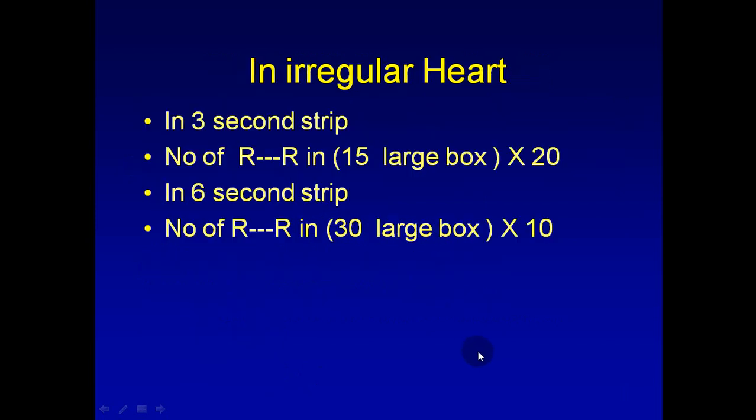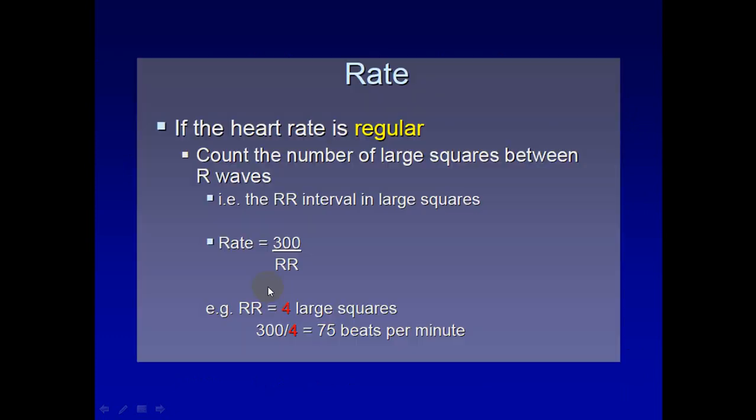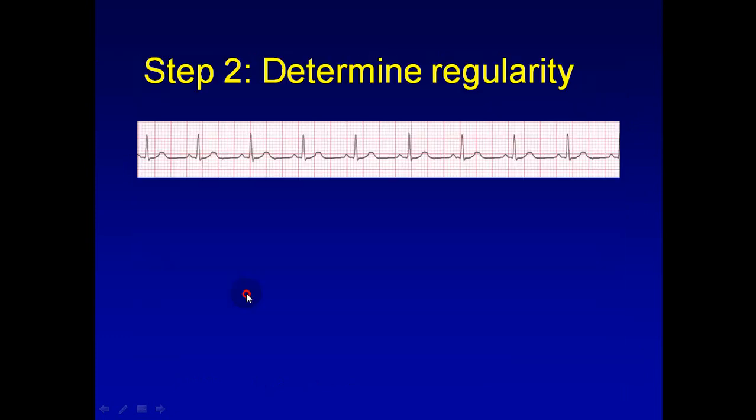I think this is easy. In an irregular heart rate, take 3 seconds, count the RR waves in the large boxes, times 20, or in 6 seconds times 10. We usually use 3 seconds. And this is discussed.